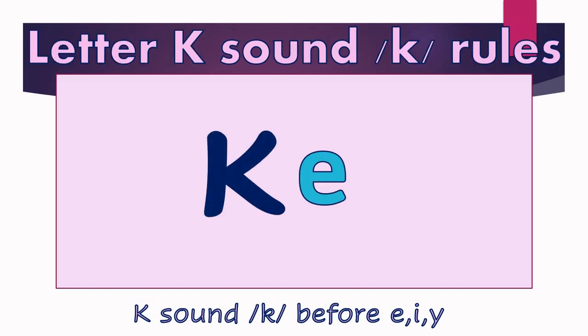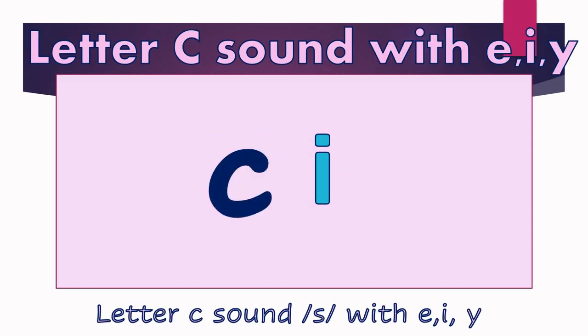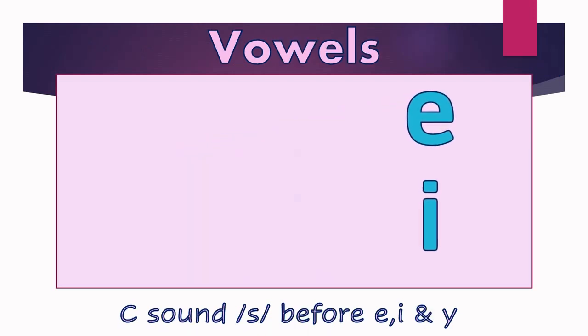Letter K sounds k if K is followed by vowel E. K also says k if followed by vowel I. And C says S if followed by E, I, Y.